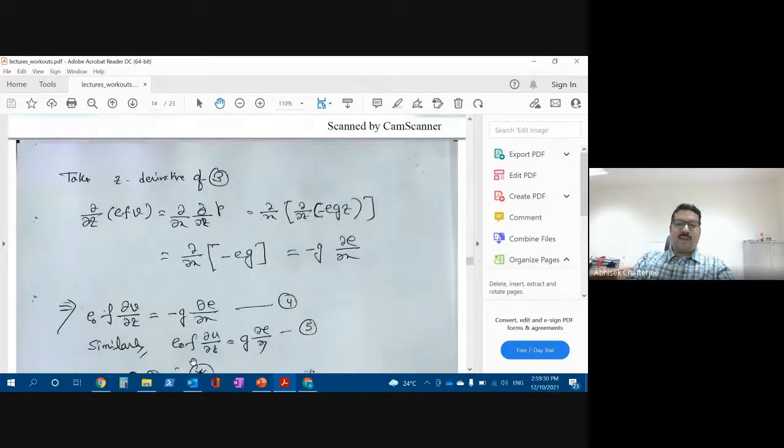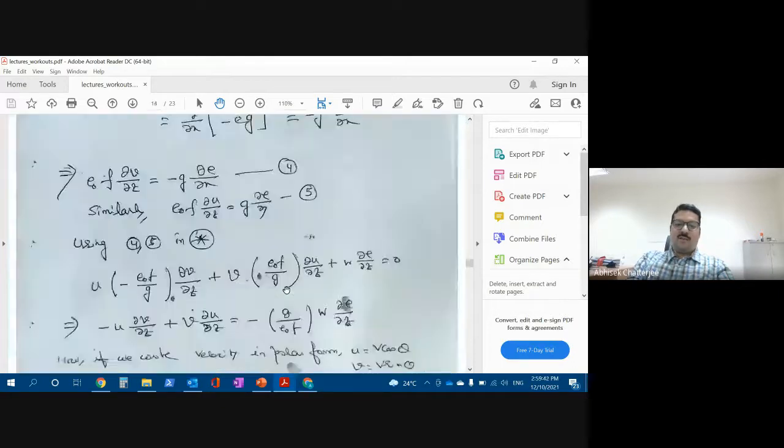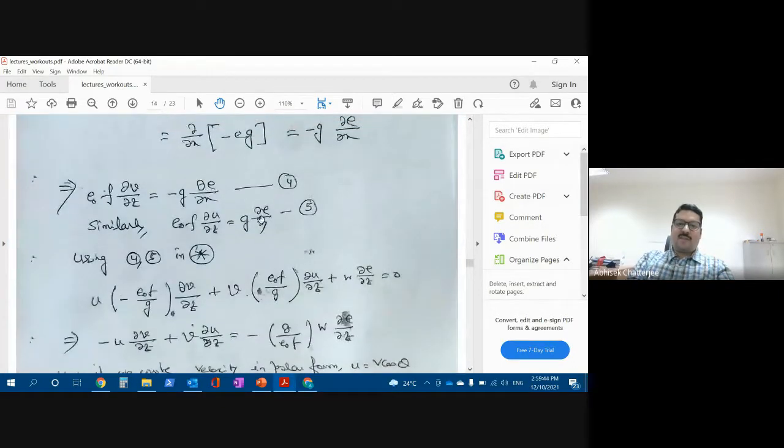Now what is my star equation? The star equation is basically advection of density equals 0: U del rho del x plus V del rho del y plus W del rho del z equals 0. Now what you got is del rho del x and del rho del y.